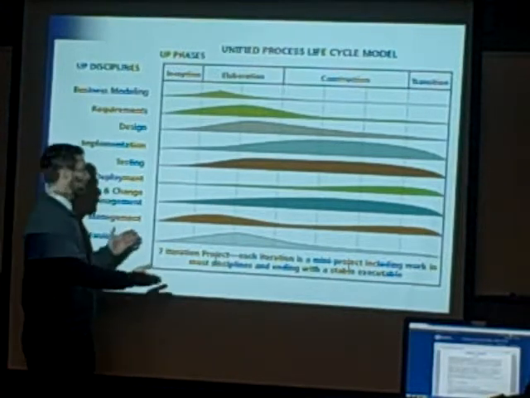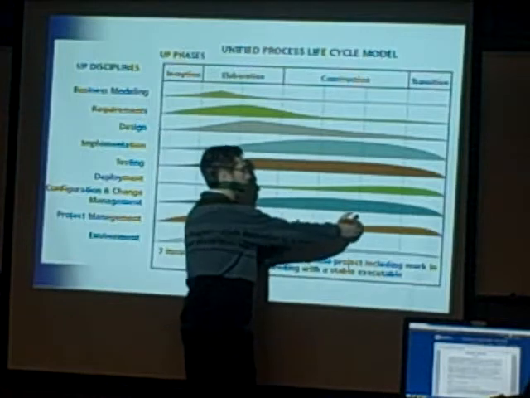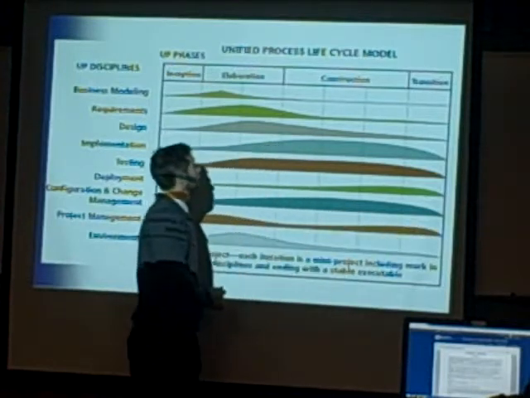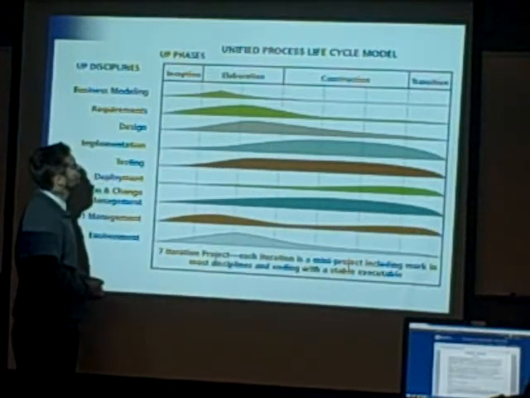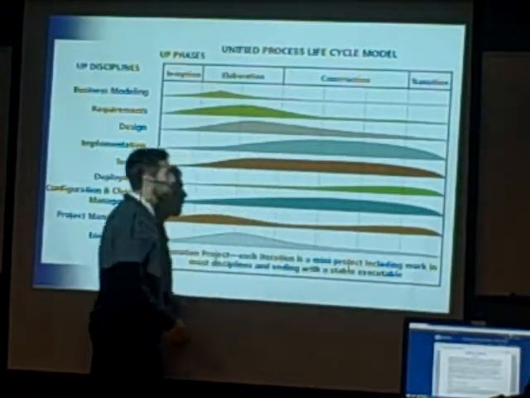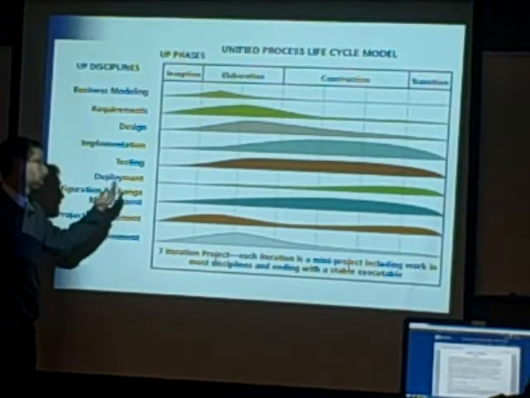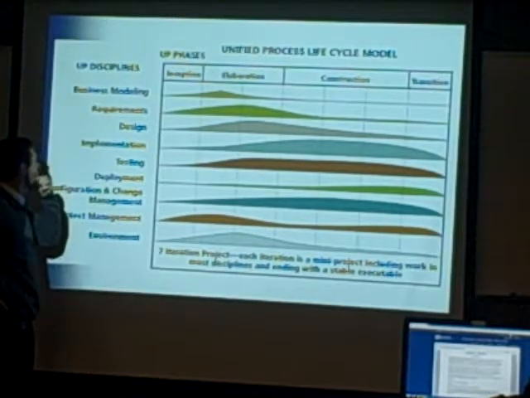Imagine, for example, that each of these columns represents 4 weeks. Then this project takes 7 times 4, 28 weeks. This looks like a 28-week project potentially laid out here.